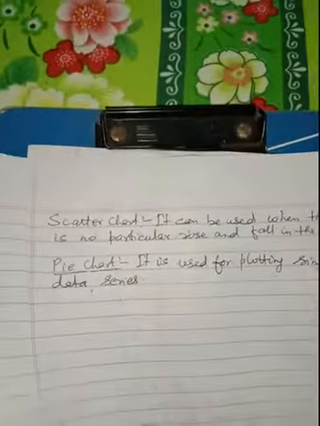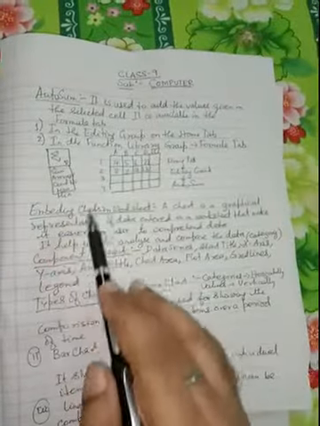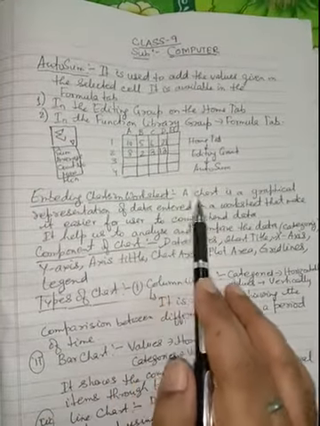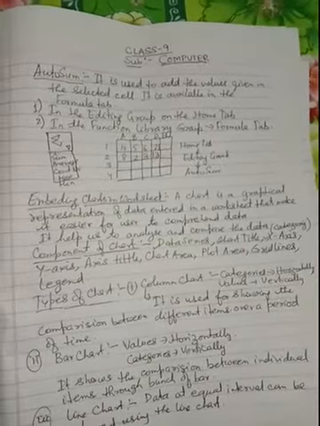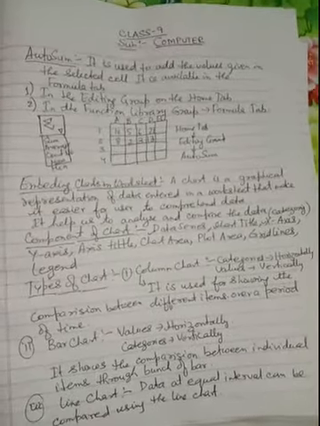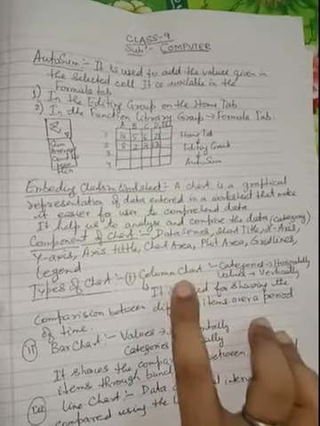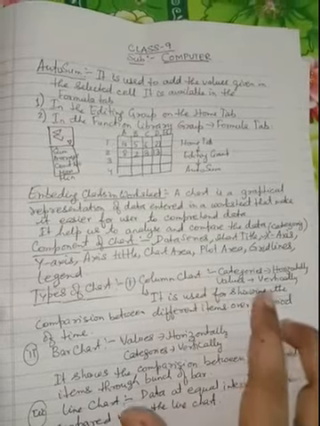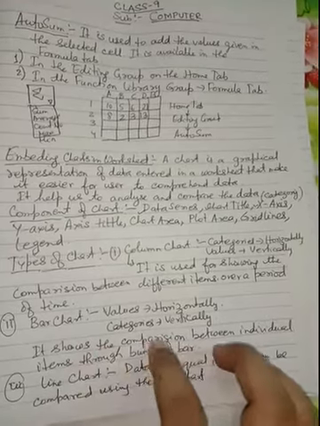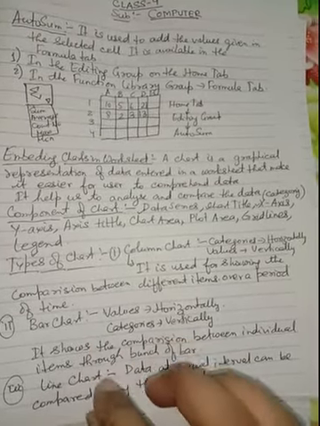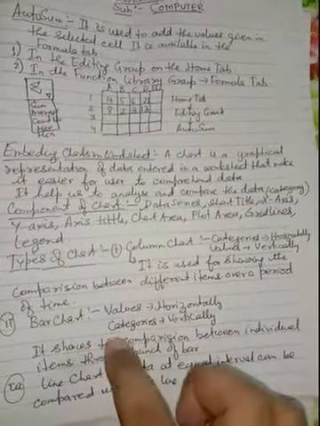Till now in this video, what have we discussed? We have discussed AutoSum features, embedding charts in a worksheet, what a chart is, how it is helpful, the different components of charts, and the types of charts. We discussed the column chart, what it is and for what purpose it is used, and the bar chart, for what purpose it is used and what its characteristics are. We discussed the difference between the column chart and the bar chart.